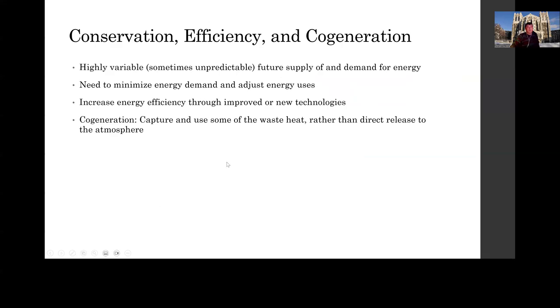Okay, so we're almost done. Sorry, it's a long chapter. In the energy business, it's the same as all other economic activities. Supply and demand for energy are very important. When the supply is high, it's going to be cheaper, and when demand is high, it will be more expensive.